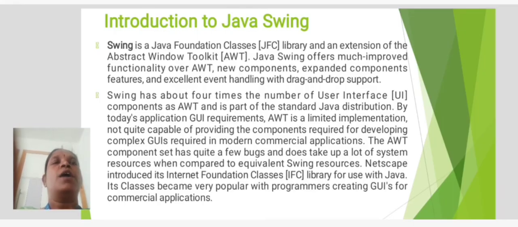Swing has about 4 times the number of user interface components as AWT and is part of the standard Java distribution. Today's application GUI requirements: AWT is a limited implementation, not quite capable of providing the components required for developing the complex GUI requirements in modern commercial applications.